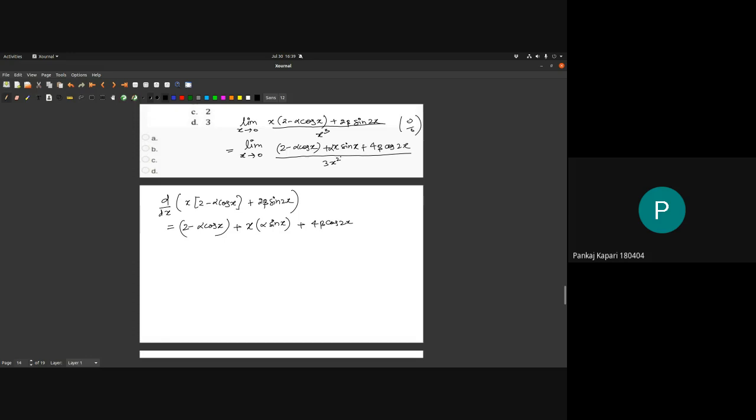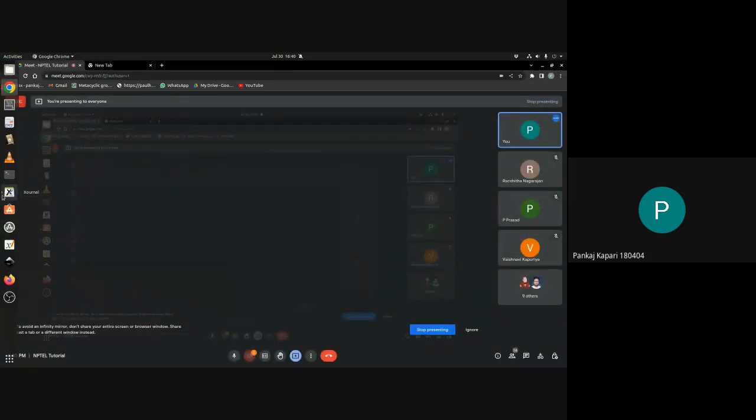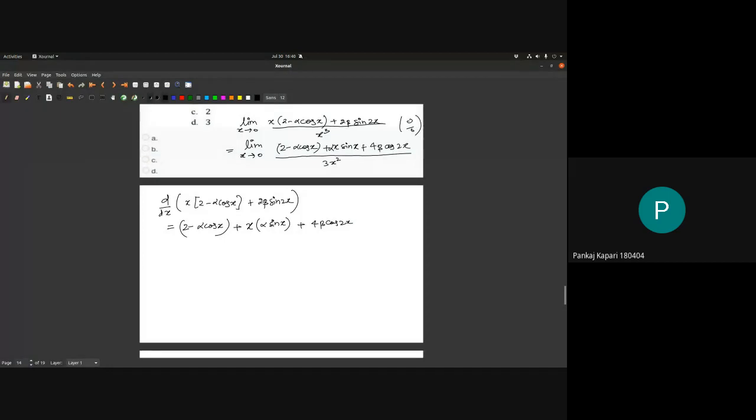Now just verify whether this is again a 0 by 0 form. In the denominator, if you put 0, then you will get 0. So just put 0 in the numerator. You'll get 2 minus alpha, because cos 0 is 1.